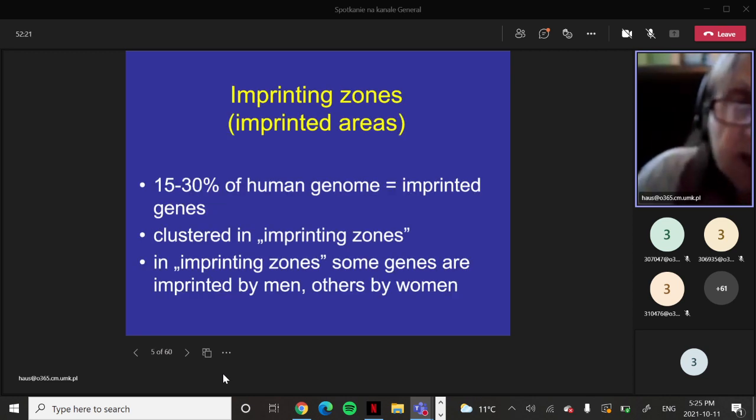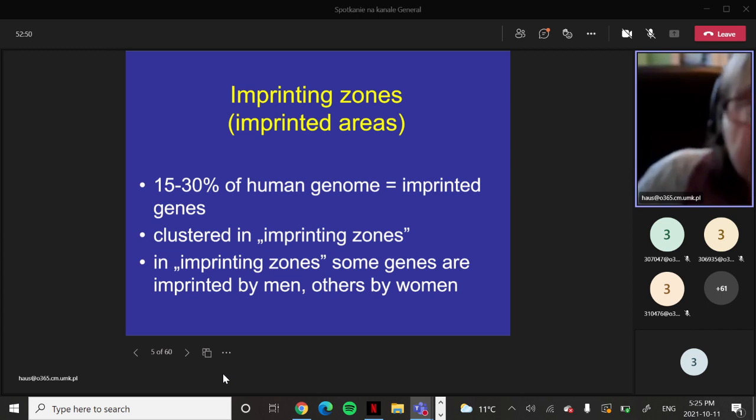So it starts in late gametogenesis. And in the genome of every one of us, 15 to 30% of our genome, there are so-called imprinted zones, and the imprinted genes are clustered in these zones.